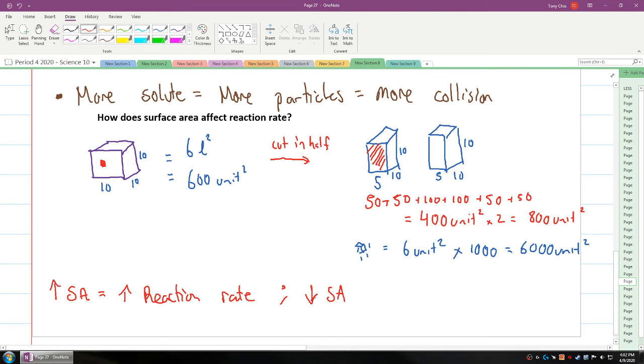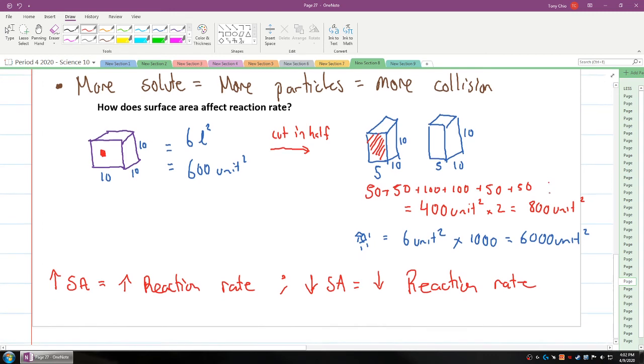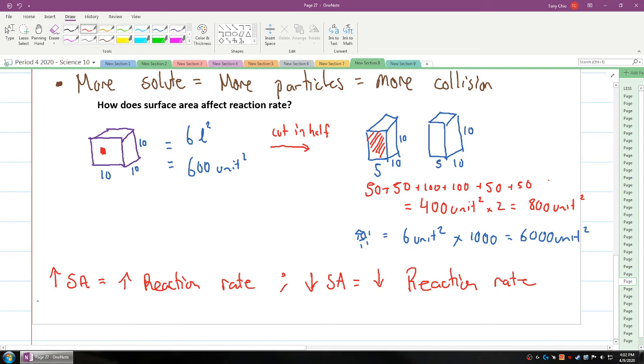If you decrease surface area, you're going to decrease reaction rate. There we go. That took a bit of thinking to actually solve. And the reason why is just because now you're going to have more surface area, more SA, equals more places for collisions to occur.